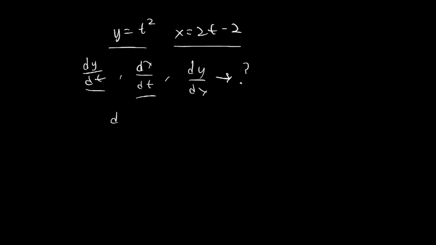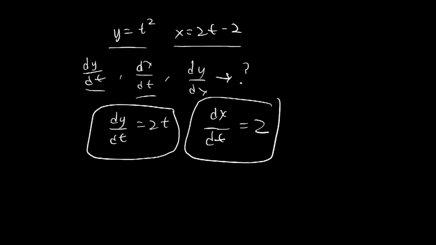So dy/dt would just be the derivative of t squared, which is 2t, and then dx/dt would just be the derivative of x, which is just 2. And so there you have dx/dt and dy/dt.